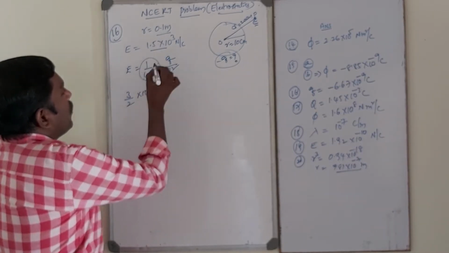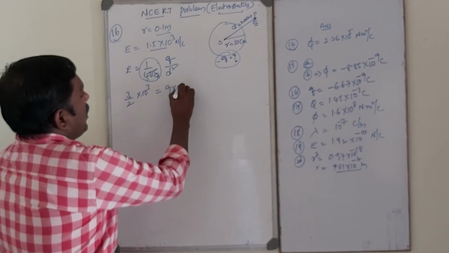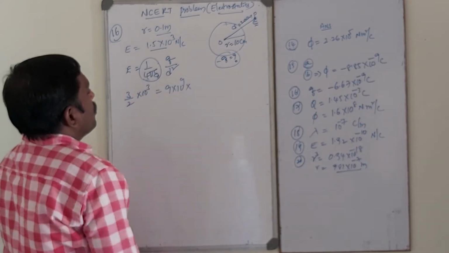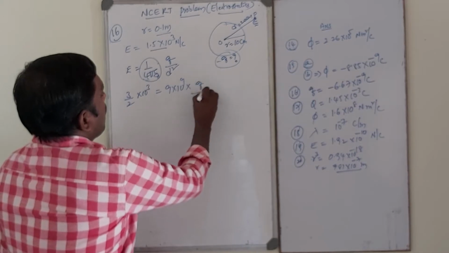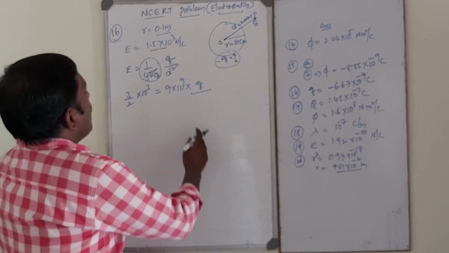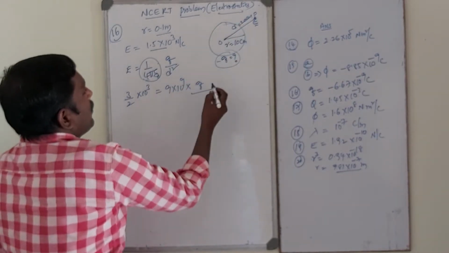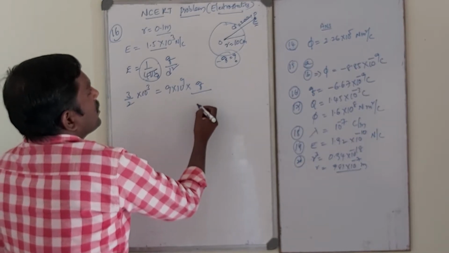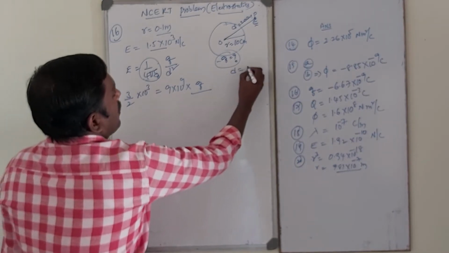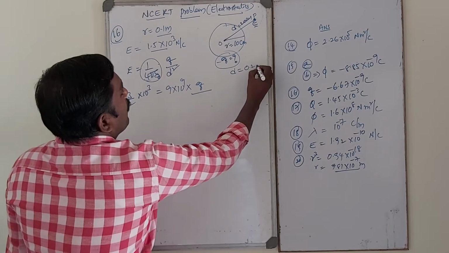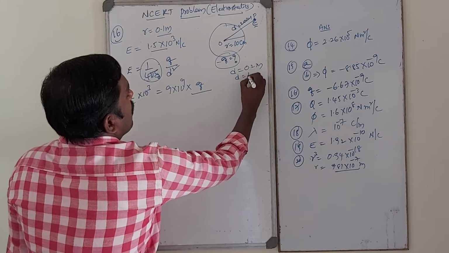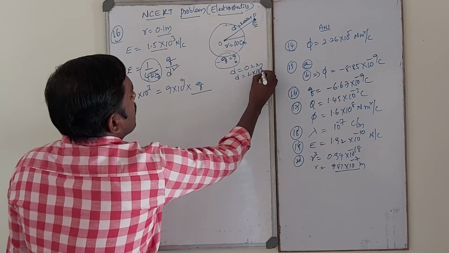What is the value of 1 over 4 pi epsilon naught? That is the constant 9 into 10 to the power of 9 into Q divided by D square. What is the value of D? 20 centimeter means 0.2 meter or 2 into 10 power minus 1 meter.